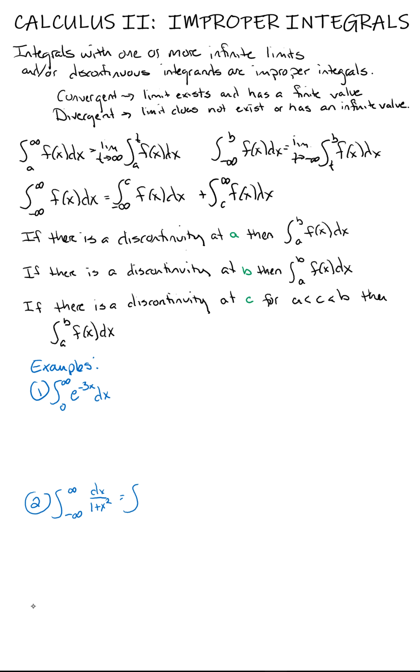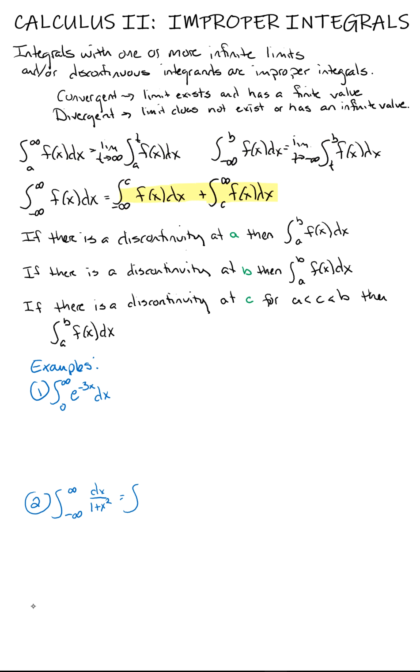So we actually split this up into the two previous cases. The first integral looks like our second case, and our second integral looks like our first case. And each of these, of course, we would have to rewrite as limits.